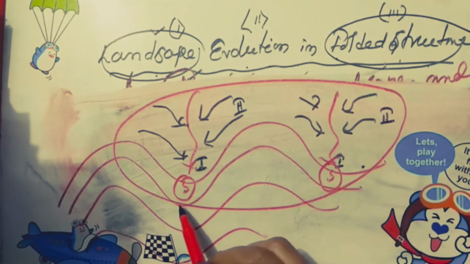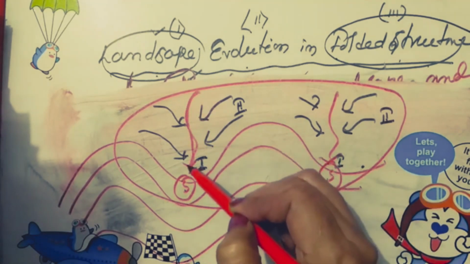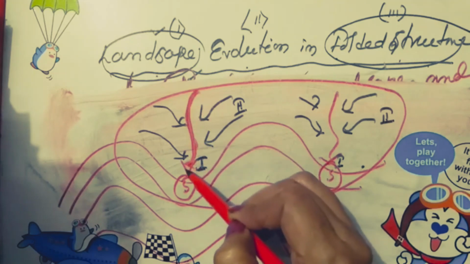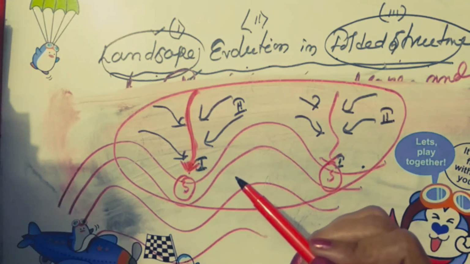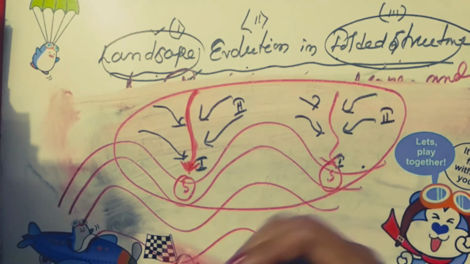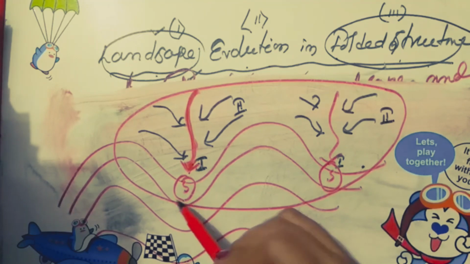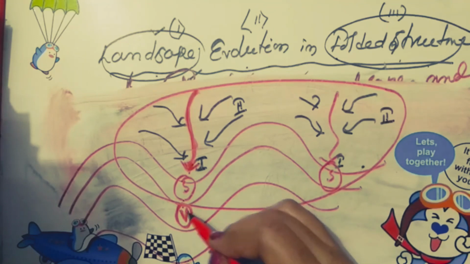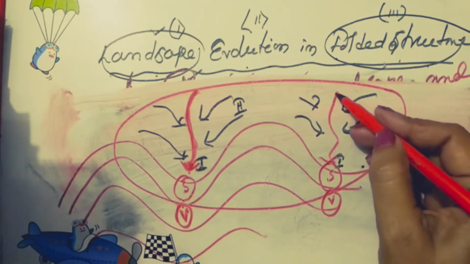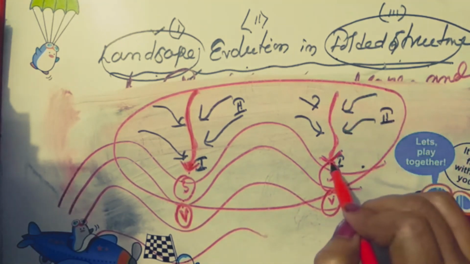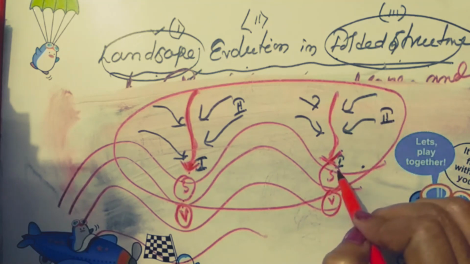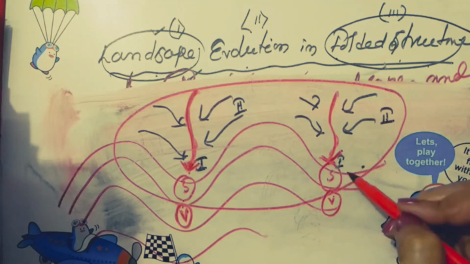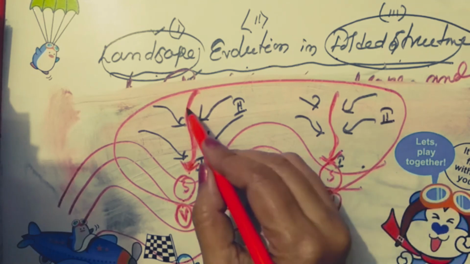Initially the consequent stream developed along the synclinal valley. Why in the synclinal valley? The synclinal valley is comparatively lowland. The initial first order stream, the consequent stream, develops in the synclinal valley, and it starts eroding.